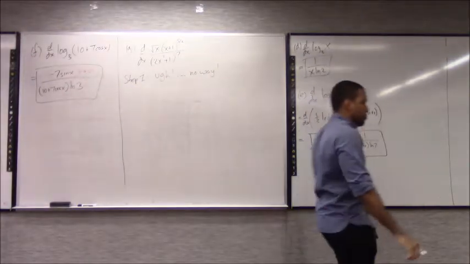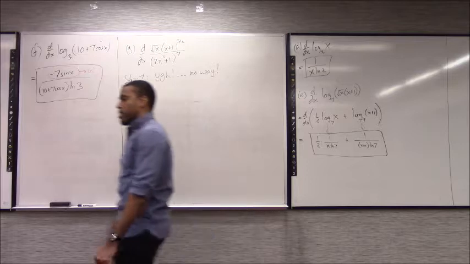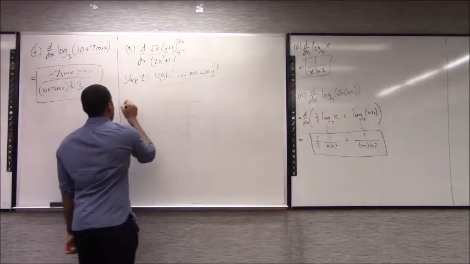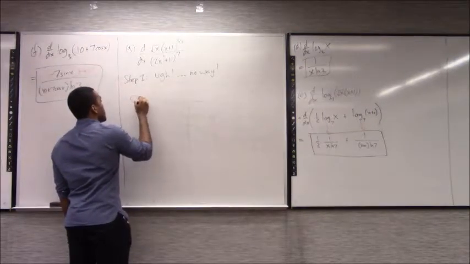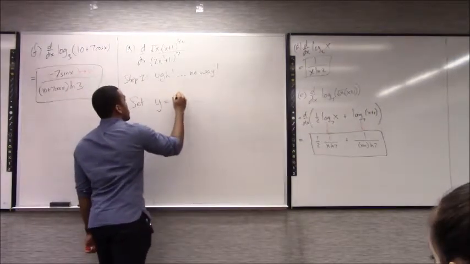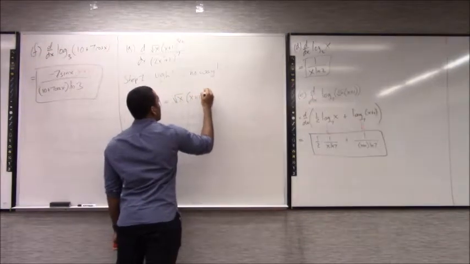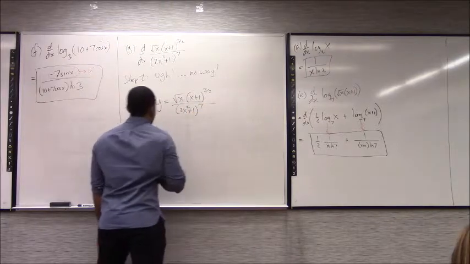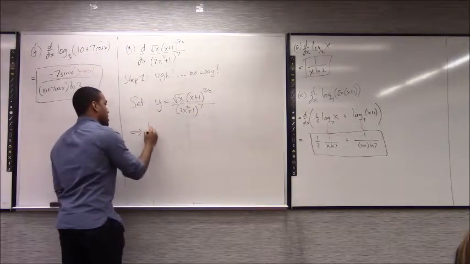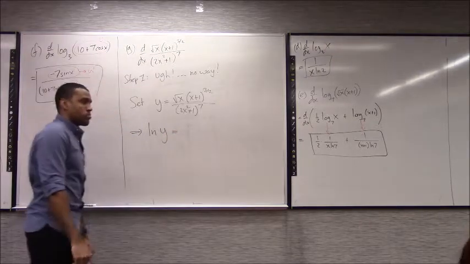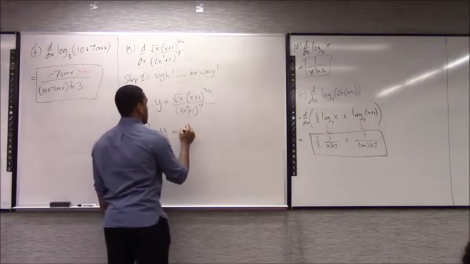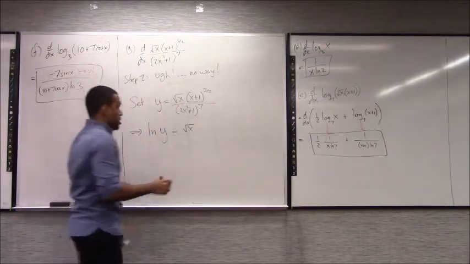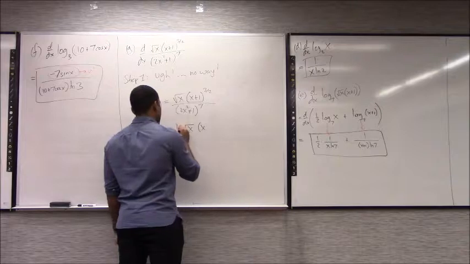We know about logs that they simplify multiplication, they simplify powers, they do all sorts of other things. So here's the strategy. Set y equals this guy. And what I'm going to do is take the ln of both sides. Of course, my x is greater than 0 here, so I can take the ln of this.